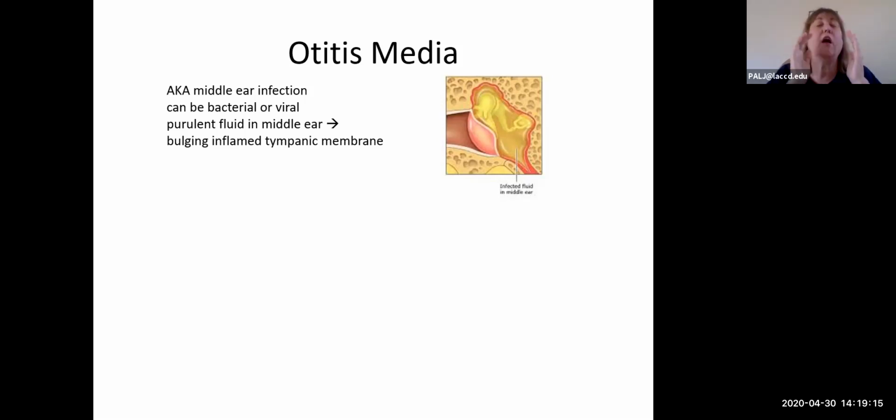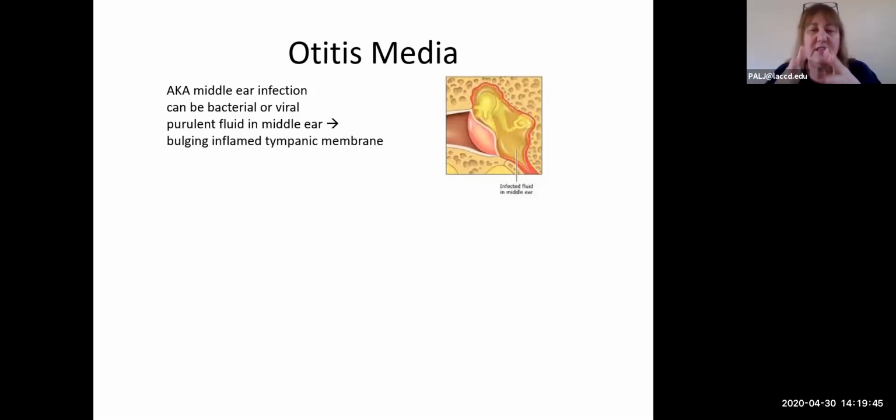These are either bacterial or viral, and what happens is you end up with this pussy fluid in your middle ear, and that tympanic membrane bulges, and the classic symptoms are it hurts, and we see little 1-year-olds trying to pull on their ear because they have kind of figured, well, maybe if they pull on the ear, then the eustachian tube will open and some of this pussy stuff goes in the back of the throat, and that relieves the pressure.